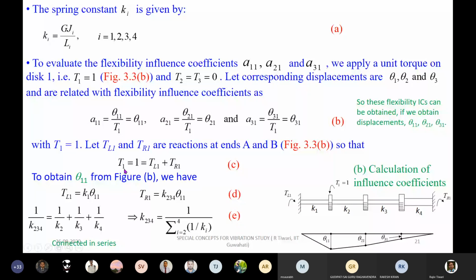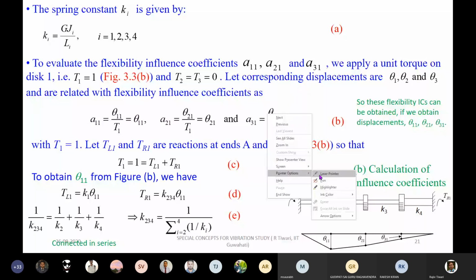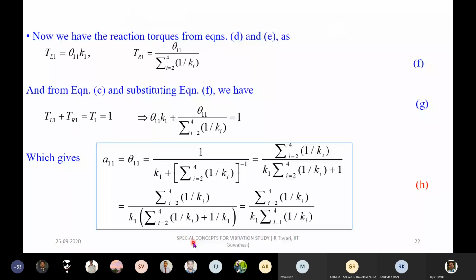So in the next slide, I'm substituting this here and this here. This is the same expression, so I'm substituting these two here. The first term from this, the second term from this, is equal to 1.